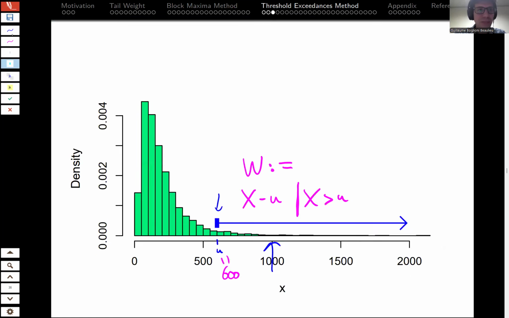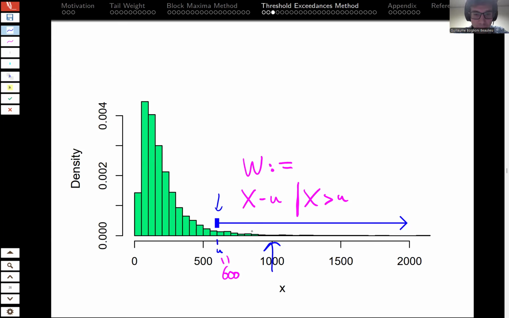The theory tells us that if u is high enough, those exceedances should be approximately GPD, and that's quite practical because then we can fit the exceedances to a GPD and use that in a model and make some predictions. But of course, the theorem is an asymptotic result. We don't know in practice what u to pick, a u that is high enough, so the theorem applies.